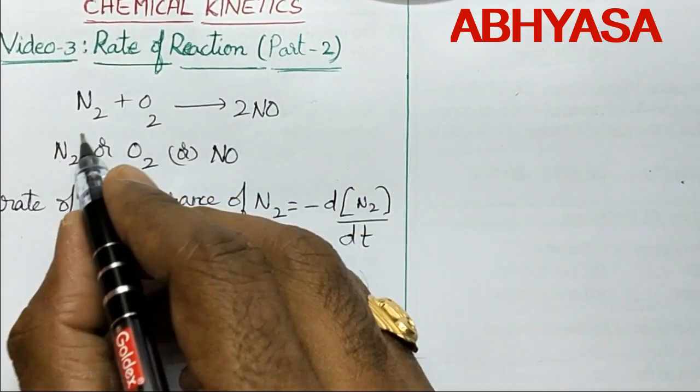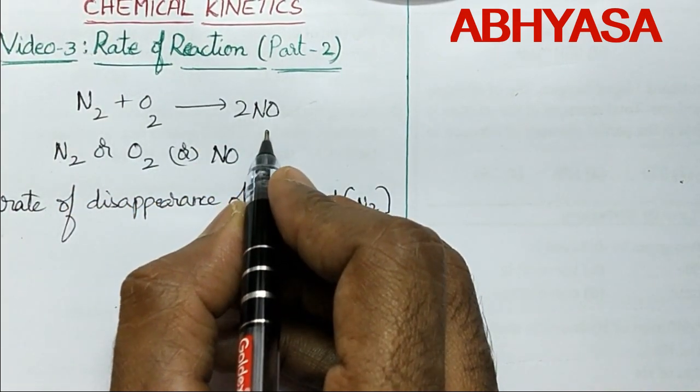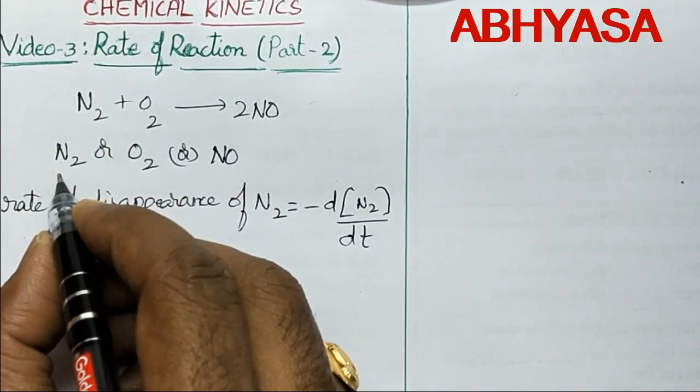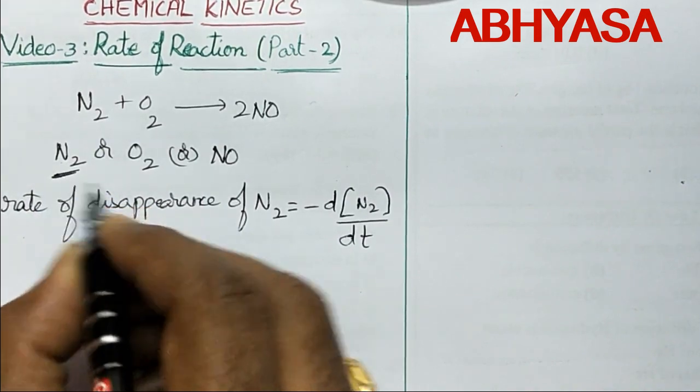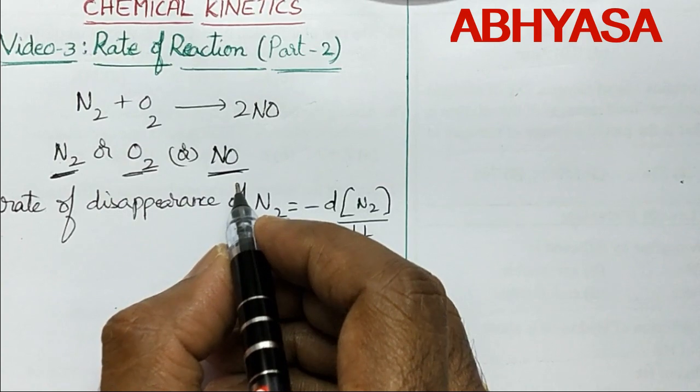Let us take this example where nitrogen is combining with oxygen to form nitric oxide, and rate can be expressed in terms of any of the reactants, nitrogen or oxygen, or the product nitric oxide.